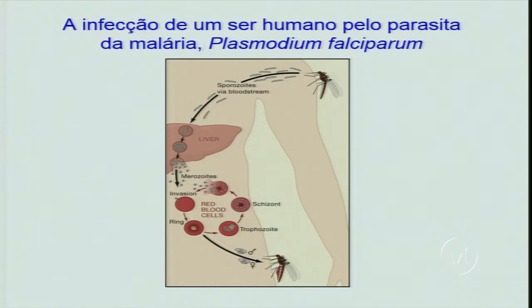But when an infected mosquito bites a human, the malarial parasite enters and goes into the liver, where it reproduces for a few weeks and then comes out.